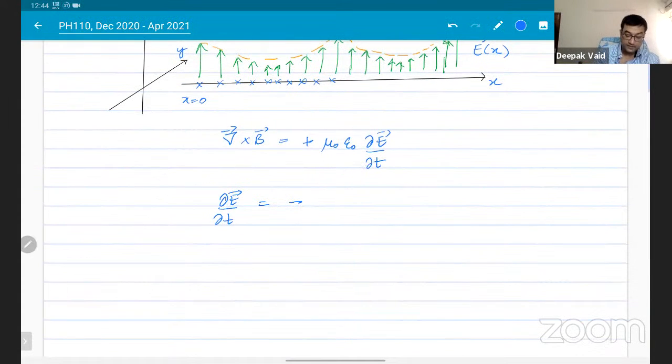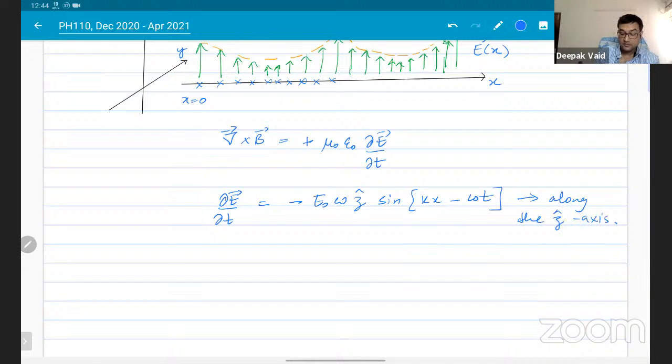I get minus E naught omega z hat sine kx minus omega t, right? So dE by dt is a vector which is also along the z-axis.